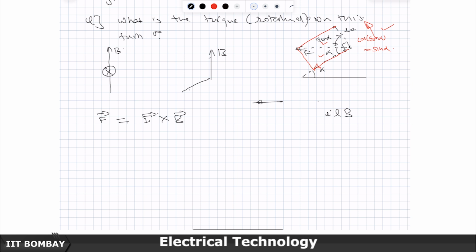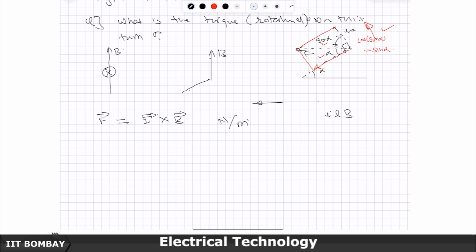When L is not there, the unit should be Newton per meter, which is to say that in J cross B, J has been multiplied by the area of cross section, that gives you I, and the unit was Newton per meter cube multiplied by area of cross section, which is Newton per meter.